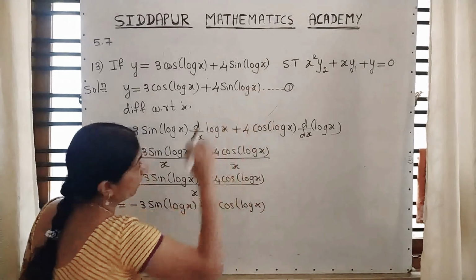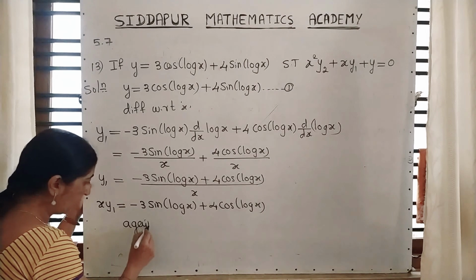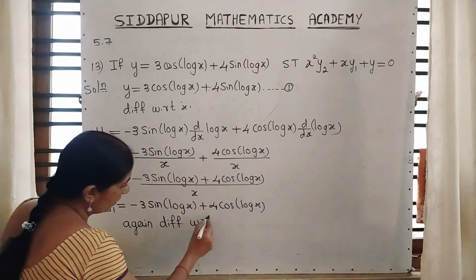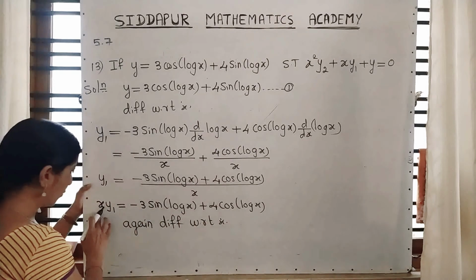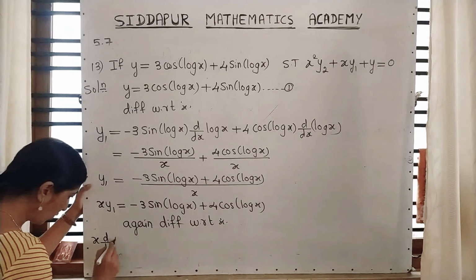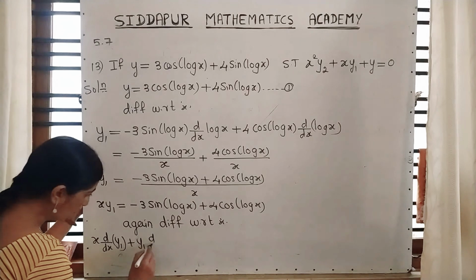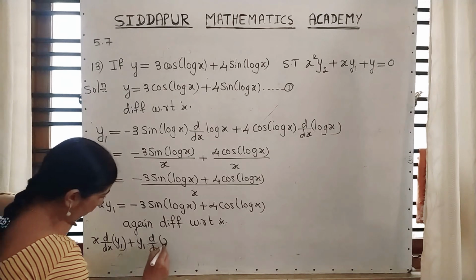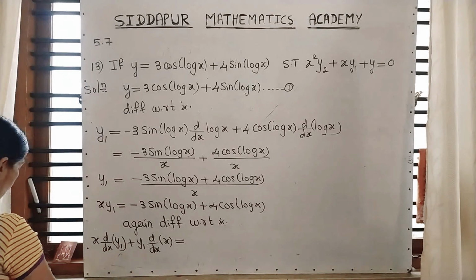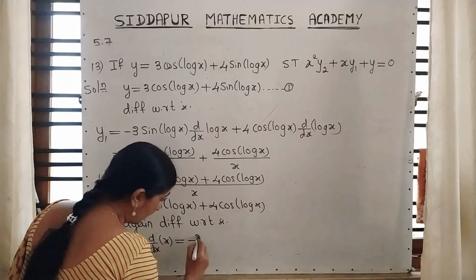But we require y2. y2 means second derivative. Again differentiating with respect to x. This is u into v. X into differentiation of y1 plus y1 into differentiation of x with respect to x is equal to, what is the differentiation of sin log x? Minus 3 as it is.